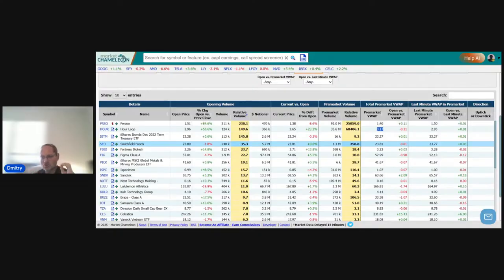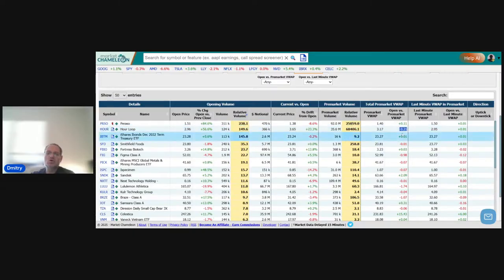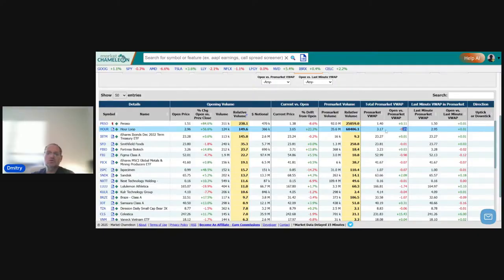So 35 million shares at a VWAP of $3.17, which was above the opening price trade, 21 cents lower. So you can see here at 2.96, which may indicate that at that opening price there might be pressure back up. You're like, well, why is it trading below this on such light volume?